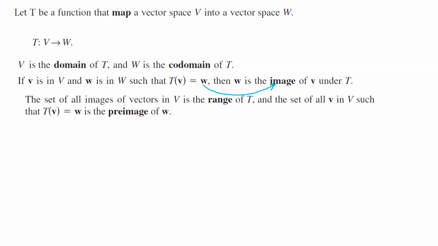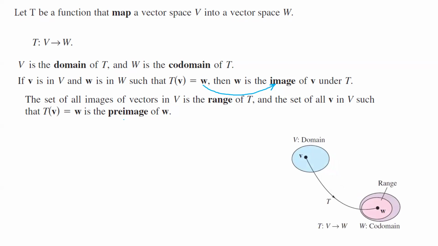The set of all images of vectors in V is the range of T. The set of all vectors V in the domain such that T of V is equal to W is called the preimage or inverse image of W. So again, now you have a function.